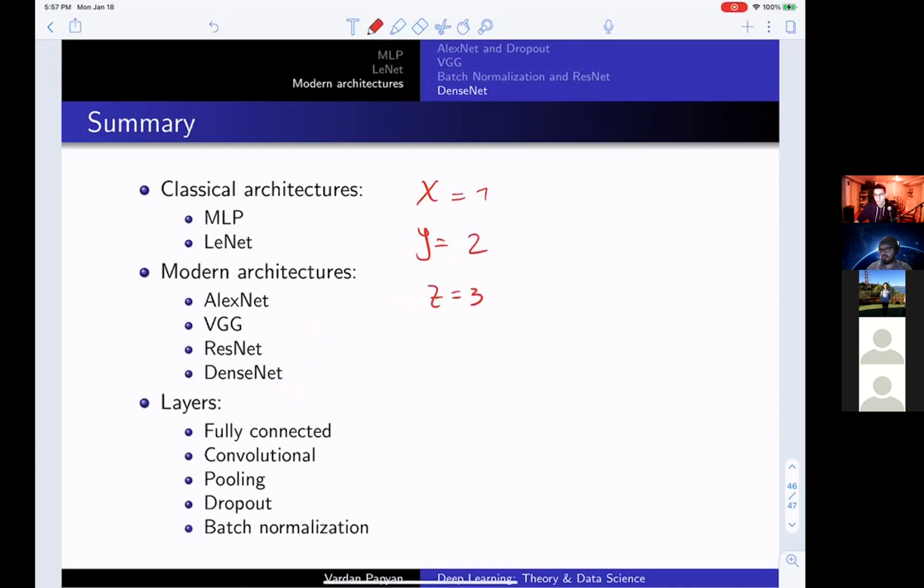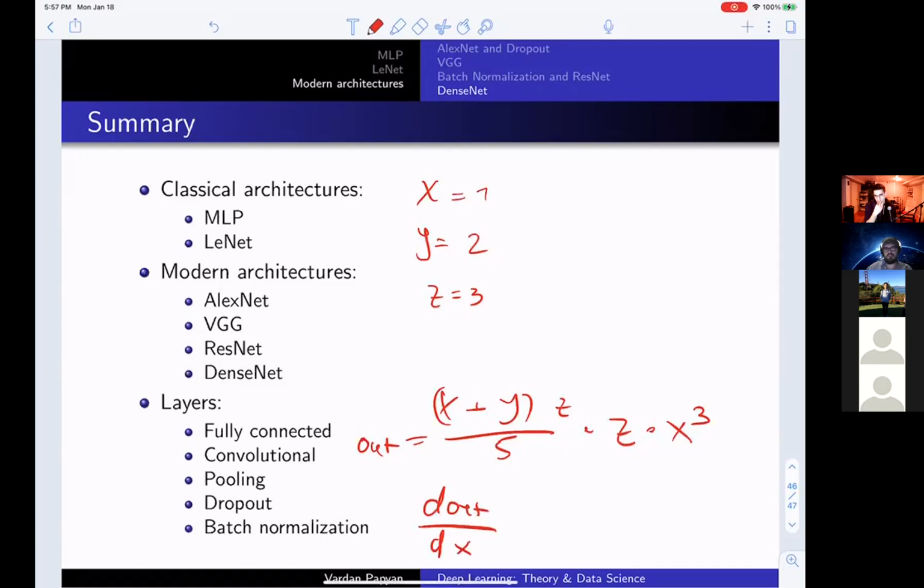And imagine you start calculating things like x plus y multiplied by z divided by 5, multiplied by z again, multiplied by x to the power of 3, right? And then you call this variable out. The beautiful thing about PyTorch is that PyTorch can calculate d out to d whatever you wish, like let's say x, automatically. So you don't actually need to calculate anything. Your software calculates the derivatives automatically.